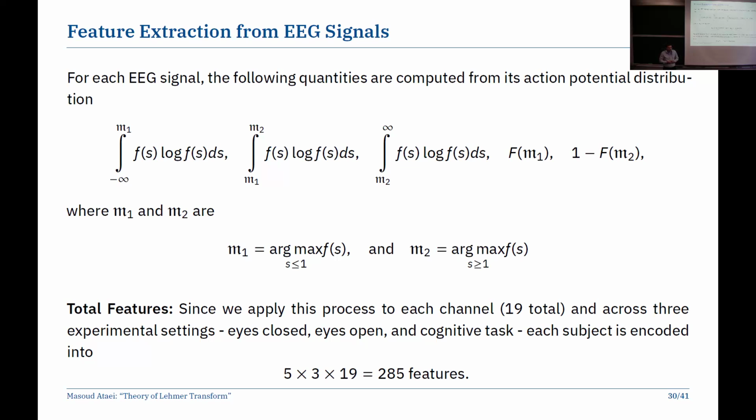The 2 remaining measures are the CDF and complementary CDF at these 2 modes. The first modal point, M1, is defined as the mode of the distribution before S equals 1, which corresponds to the sample mean. M2 is defined as the mode of the distribution when S is greater than 1, which again corresponds to the sample mean.